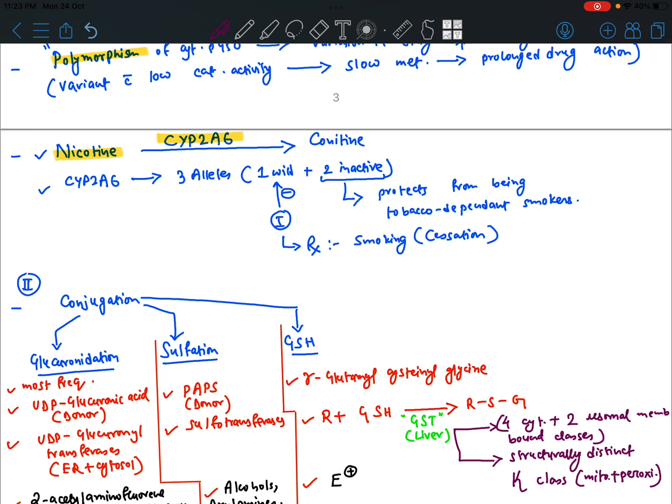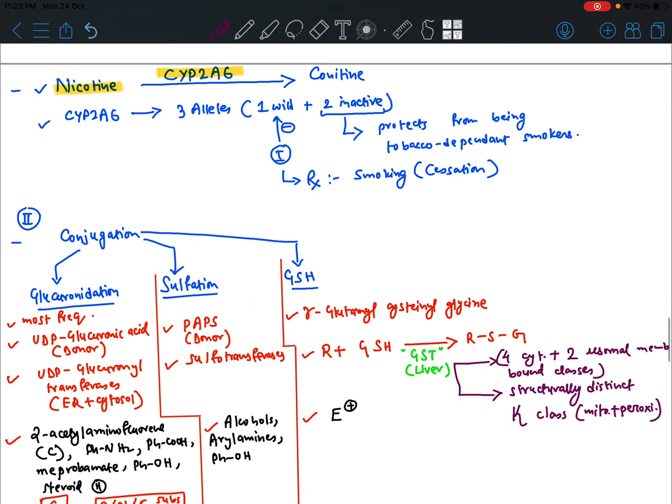This glutathione S transferase can be homo or heterodimers, and they are made up of greater than or equal to 7 different types of subunits.